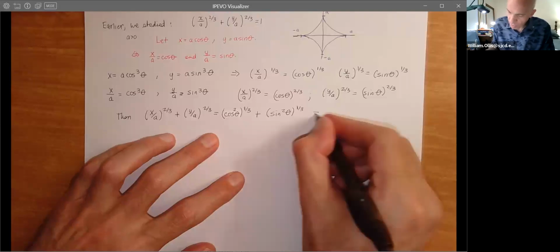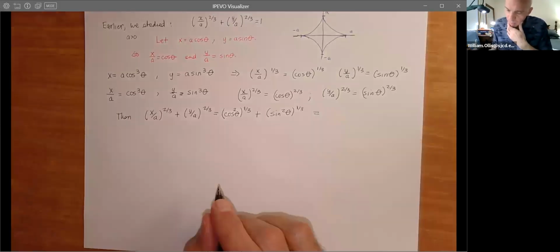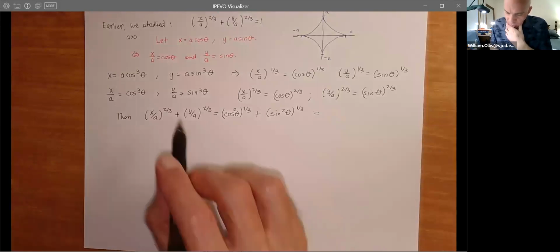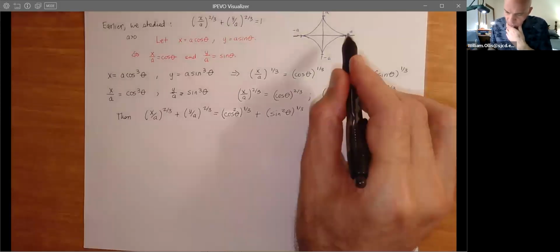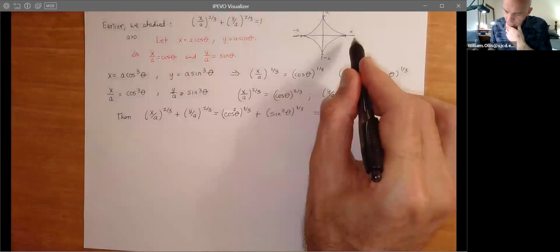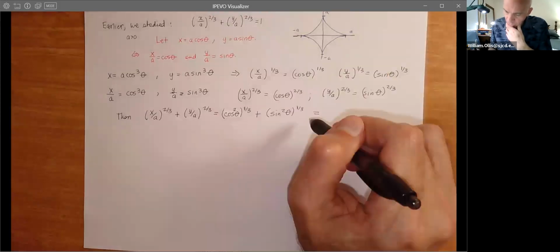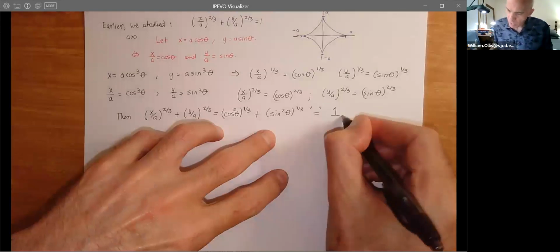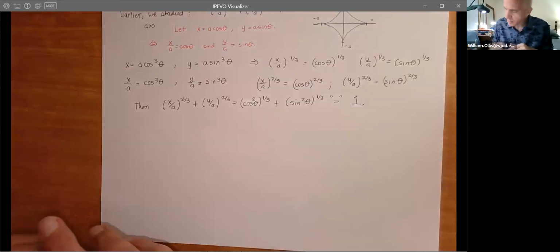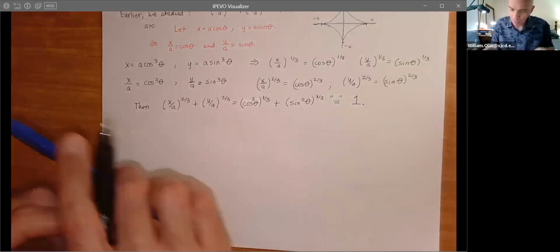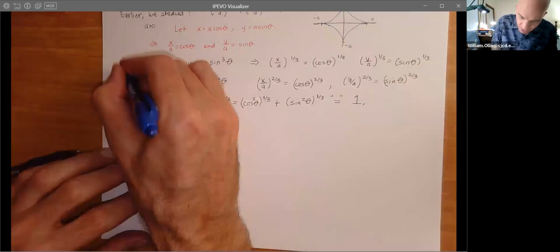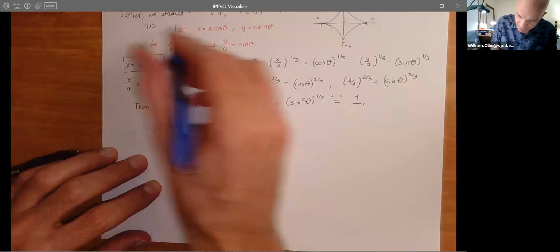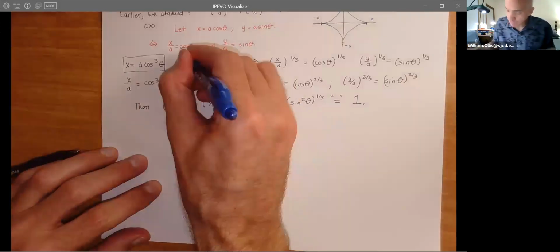Now this is where I actually need a 1, but I need to think about this. That's where I need the 1. So let's try this. I think this will work. Let's use this. I think this will give us what we need.